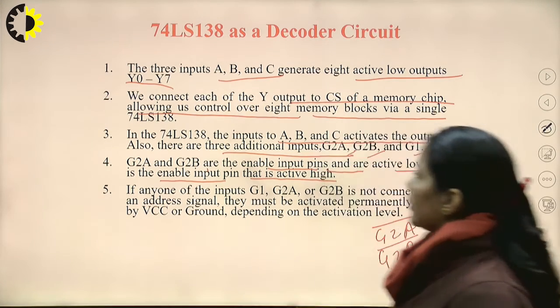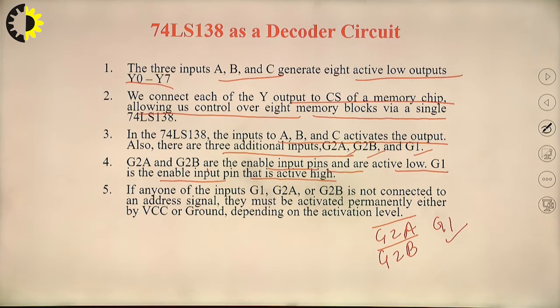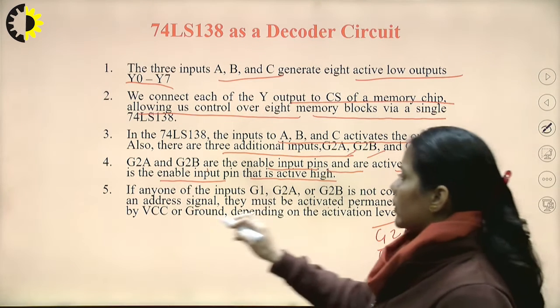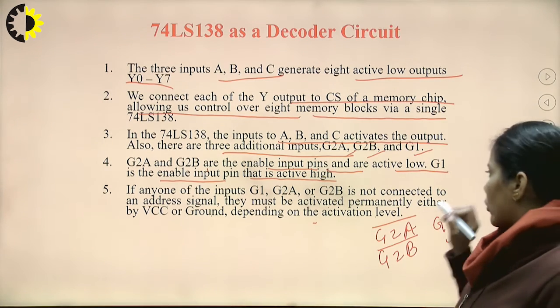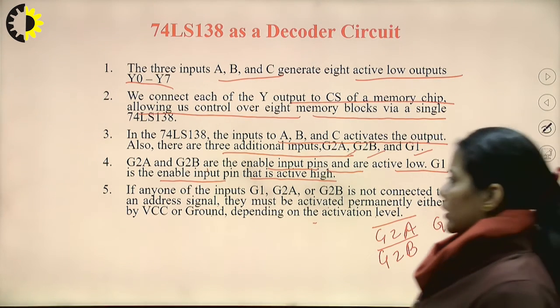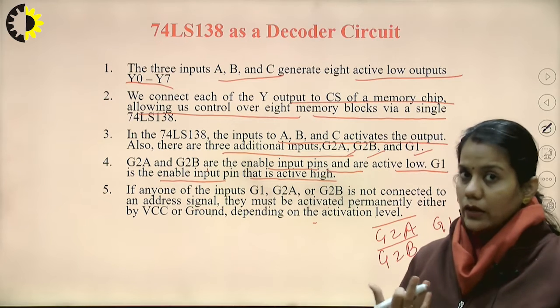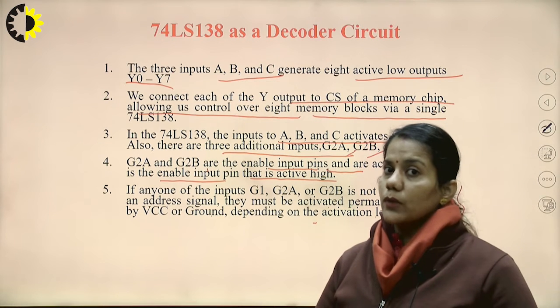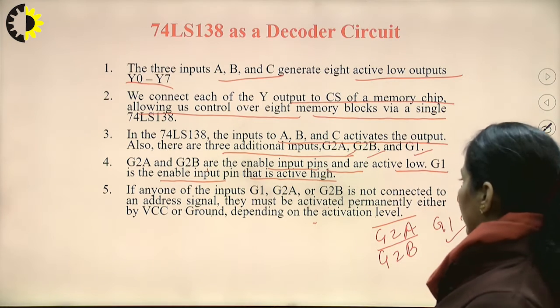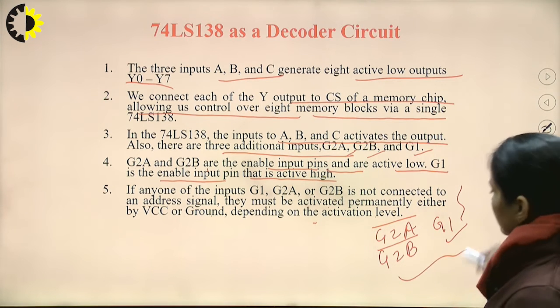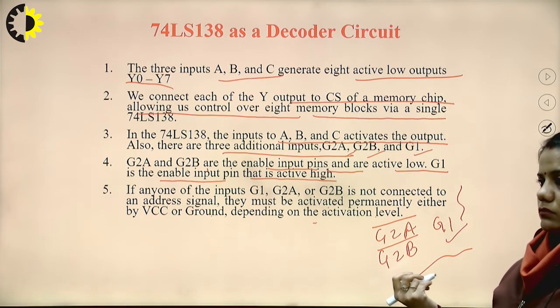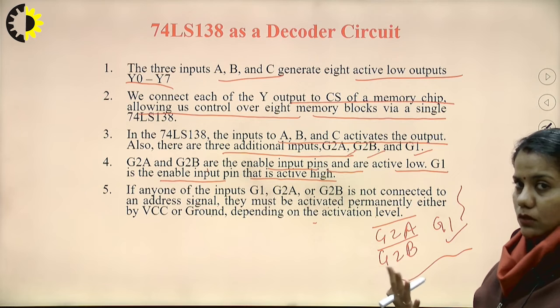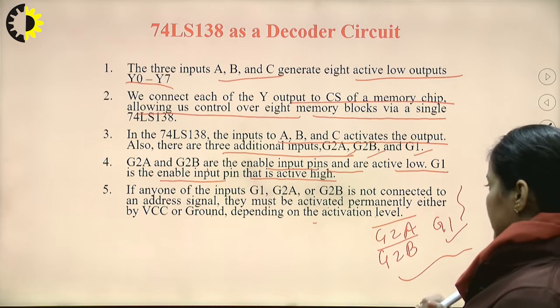If any one of the inputs G1, G2A or G2B is not connected to any address lines, it must be activated permanently, either to VCC or ground, depending on the activation level. What is being said in this point is that if we are not left with any address lines which can be used to make the chip select logic, we can activate the decoder IC by enabling these pins.